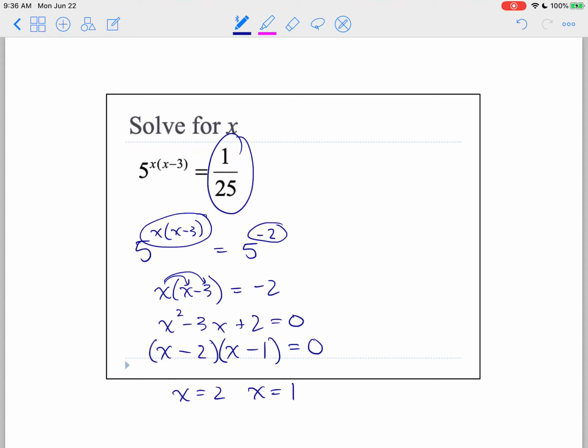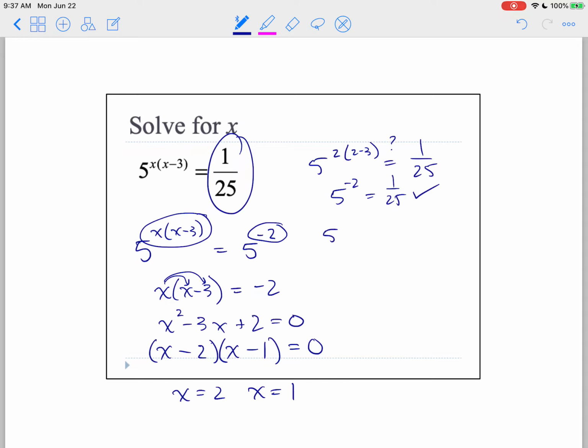And we just want to make sure that both of these work in the original equation. So 5 raised to the 2 times 2 minus 3. Is that equal to 1 over 25? Let's find out. So 2 minus 3 is negative 1 times 2 is negative 2, which is definitely 1 over 25.